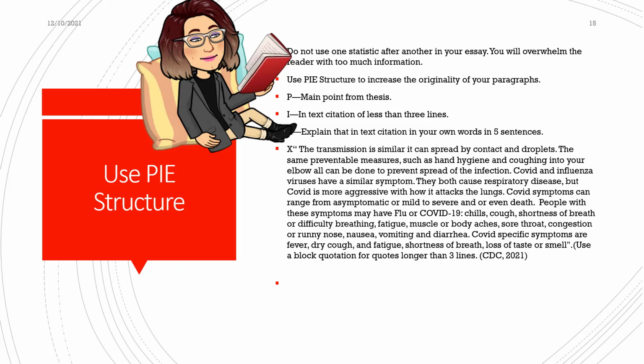People with these symptoms may have flu or COVID-19: chills, cough, shortness of breath or difficulty breathing, fatigue, muscle or body aches, sore throat, congestion or runny nose, nausea, vomiting, and diarrhea. COVID-specific symptoms are fever, dry cough, and fatigue, shortness of breath, loss of taste or smell. Use a block quotation for quotes longer than 3 lines.